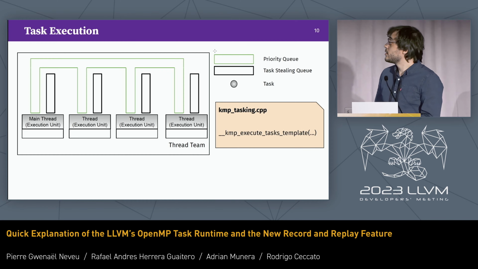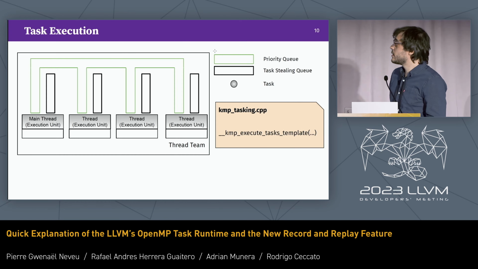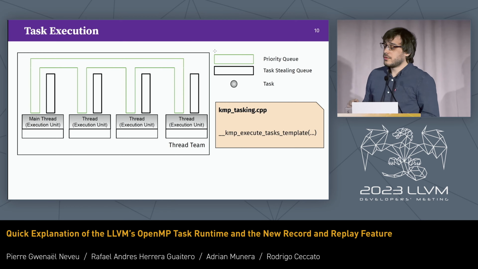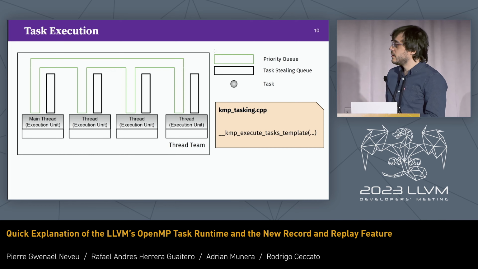Now I also wanted to talk about task execution. All the different threads are trying to execute the tasks. We can find this algorithm in the runtime of OpenMP in the kmp_tasking file, which is the main file for the task in OpenMP.